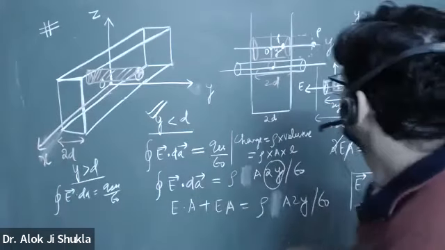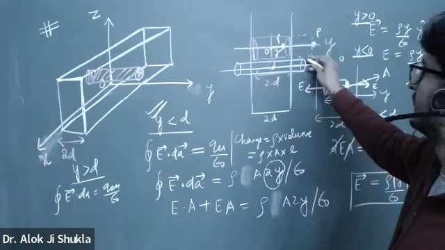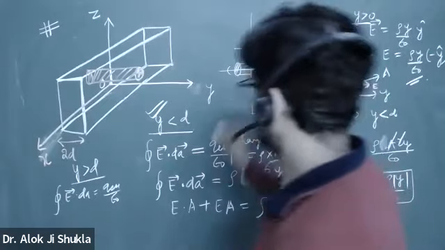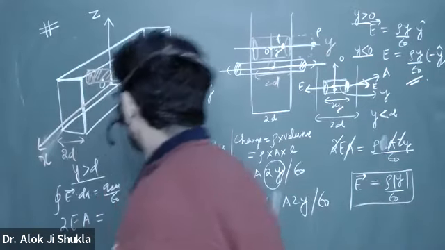You will get E dot dA on two sides, here and here. This is the direction of E. So you'll get 2EA for sure.